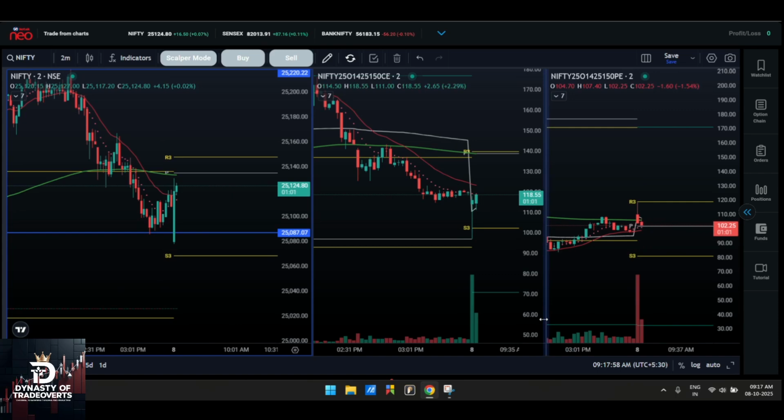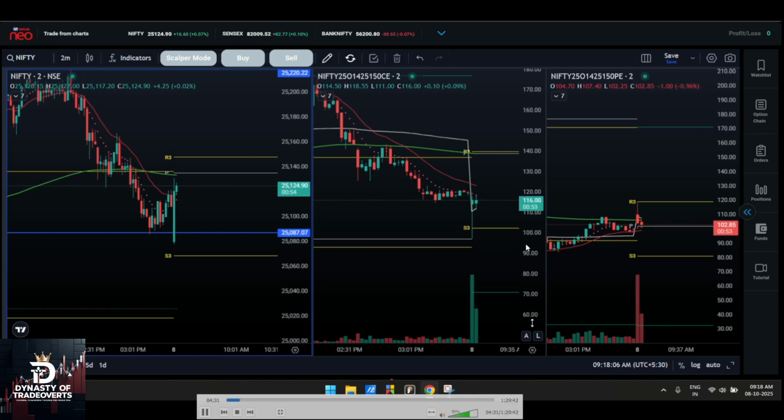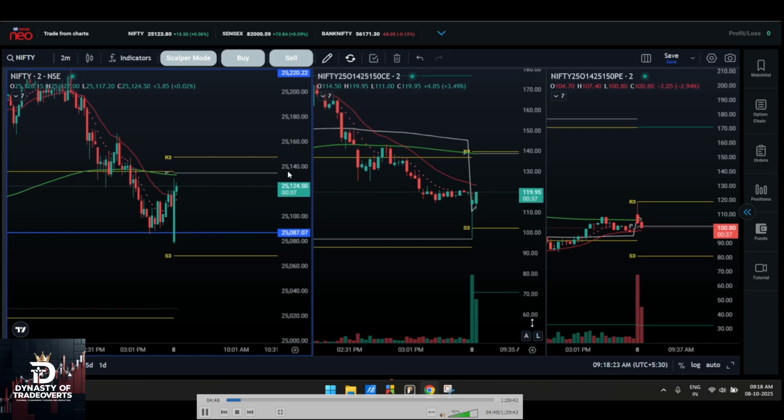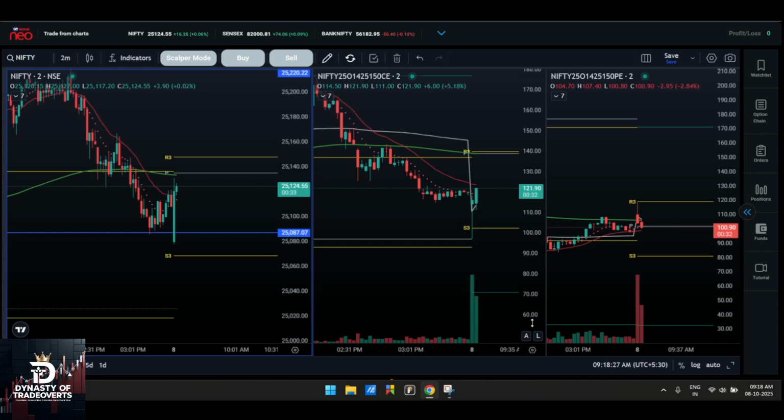I'm deciding at what level I should enter. There is huge buying volume in CE and huge selling volume in PE, which I failed to notice at this point of time. But yeah, I'm waiting for Nifty to touch its R3 for a retracement trade.